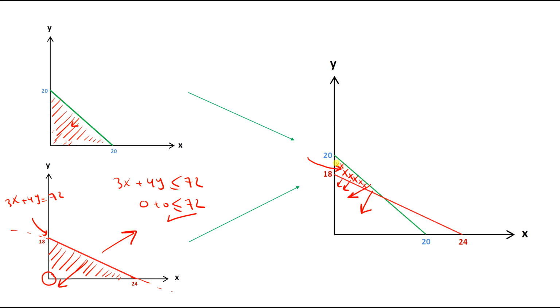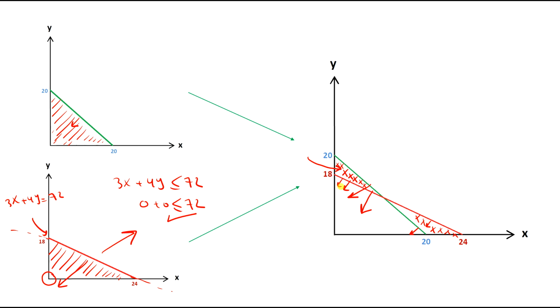It does not satisfy the two constraints. This region here satisfies the red one, however, it doesn't satisfy the green one. So this one is also out of boundaries.